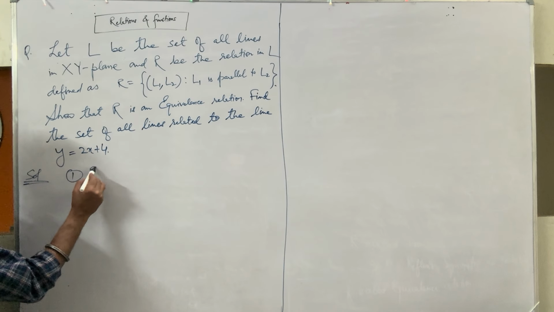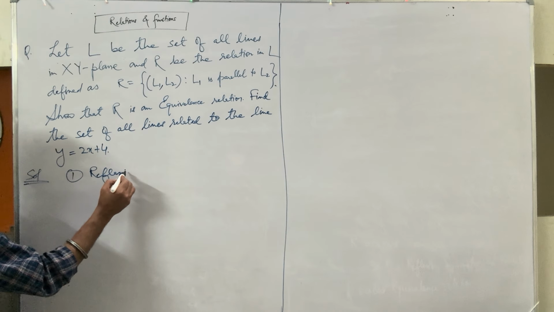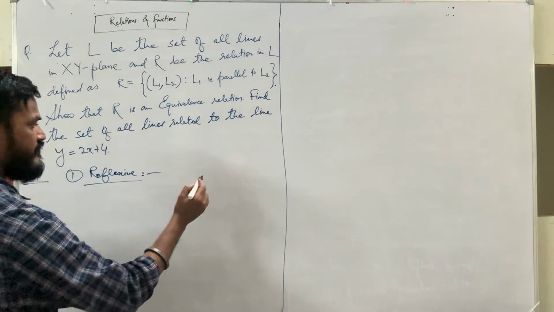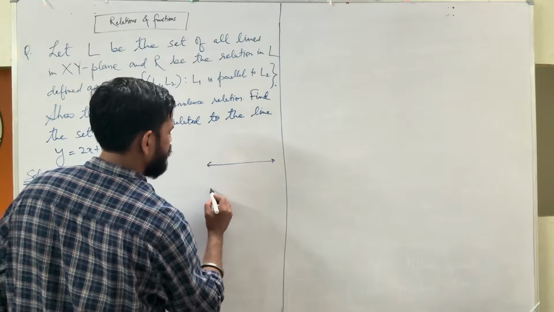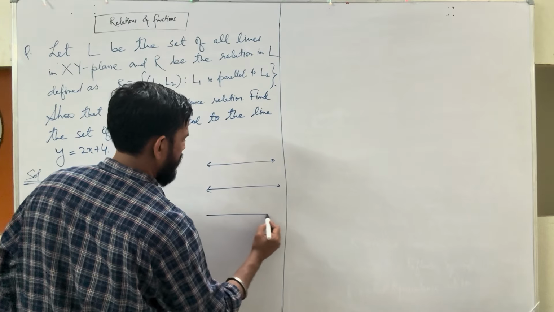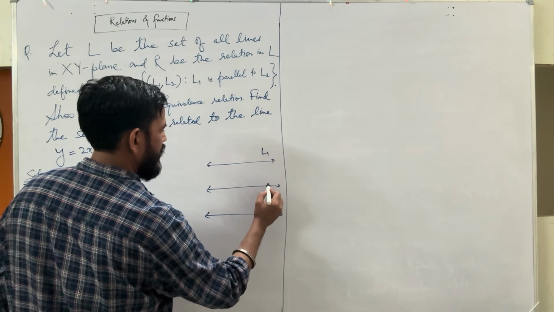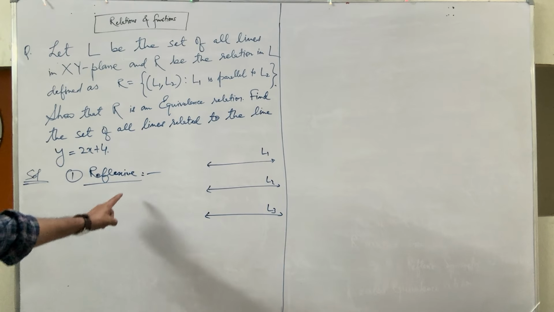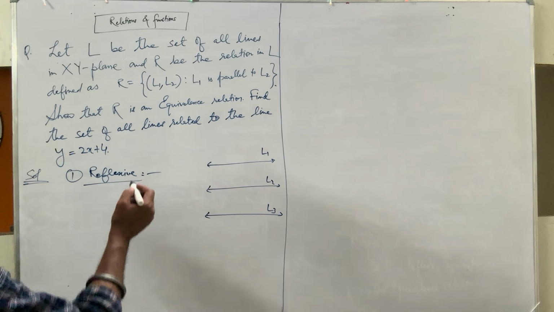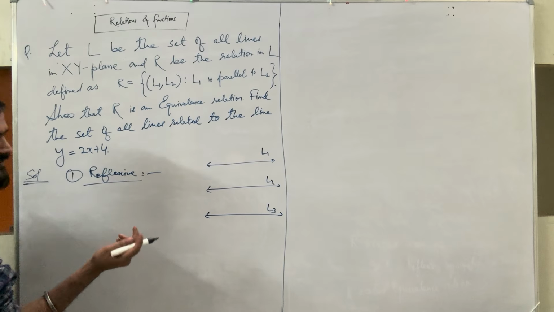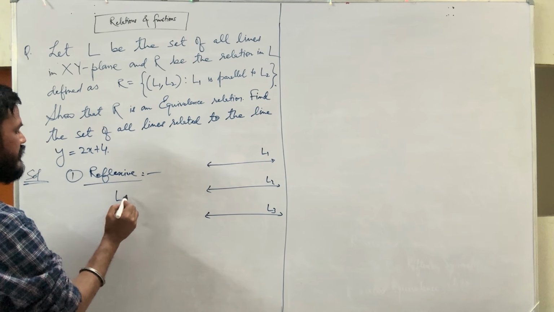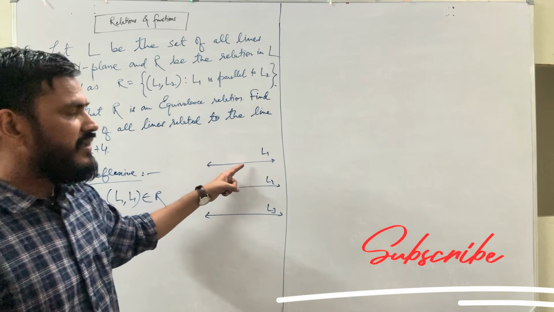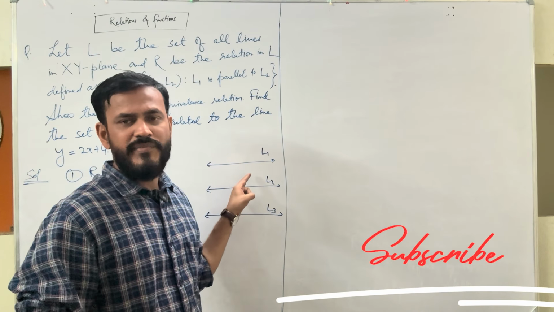So we are going to solve for reflexive first. So what is reflexive? I'll draw lines first. L1, L2, L3. For reflexivity, the line should be parallel to itself. Now you see, L1 comma L1 must belong to R. That means L1 comma L1 should be parallel to itself.